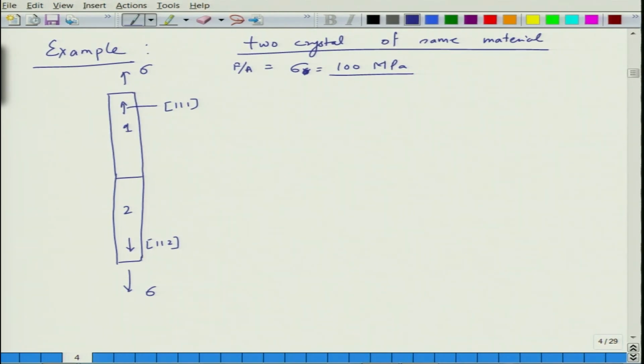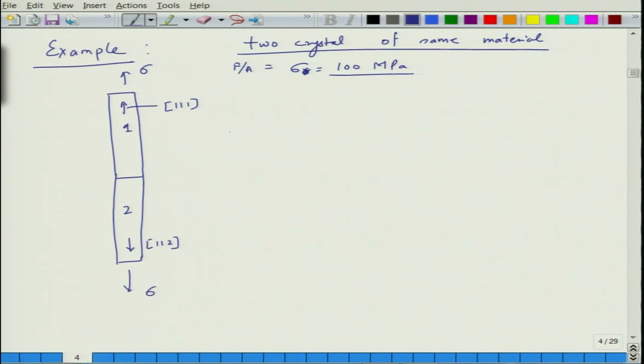So, this is the situation we are in right now. For the first grain the stress is parallel to the 111 axis, and for the second grain or crystal the stress is parallel to the 112 axis, and they are joined in such a fashion that they make a vertical rod.